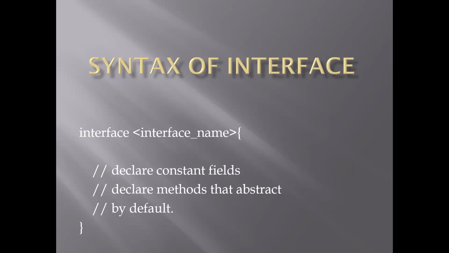Only these two types are allowed in an interface, either abstract method or constant. Right, so that is the declaration of the syntax of an interface.